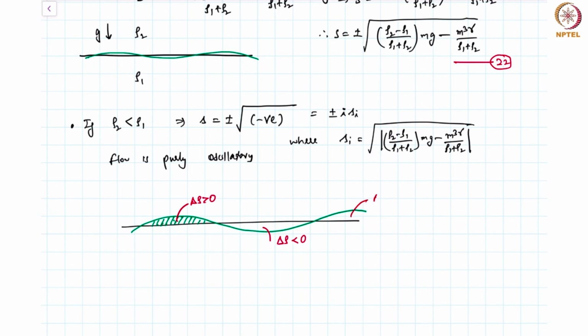And again in this region you have a density difference which is greater than 0. So if the density difference is greater than 0, gravity tends to pull it downwards, right? Gravity restores the interface shape.